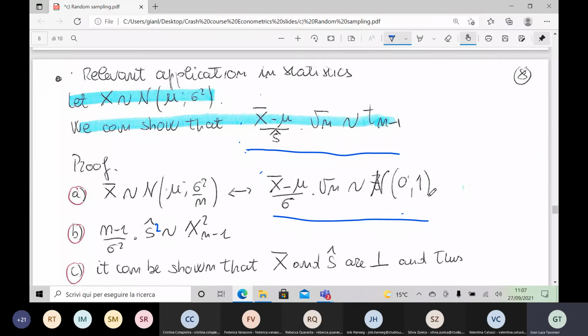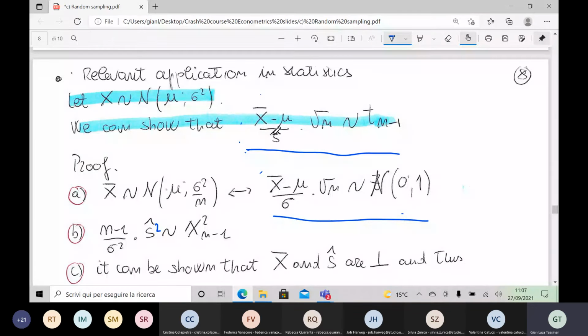Look above. What is it? Compare. This is the sample mean standardized using not the true standard deviation of x bar, which is sigma over square root of n, but by using s hat over square root of n.